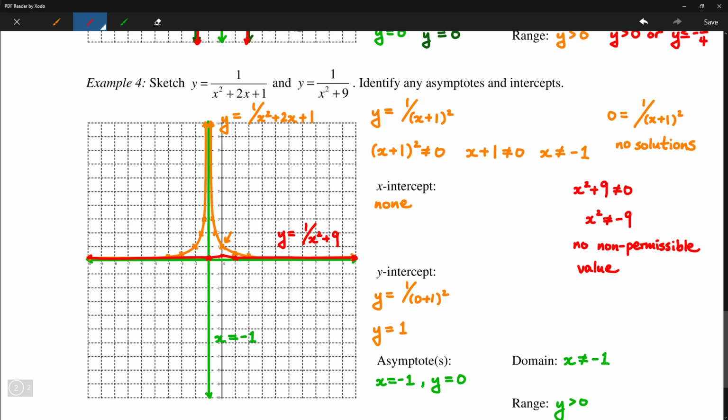And then we are looking at the x-intercept, so let y equal 0. So 0 is equal to 1 over x squared plus 9.